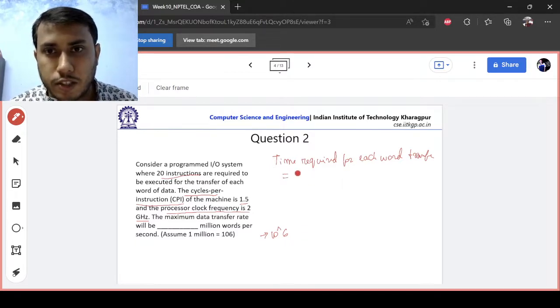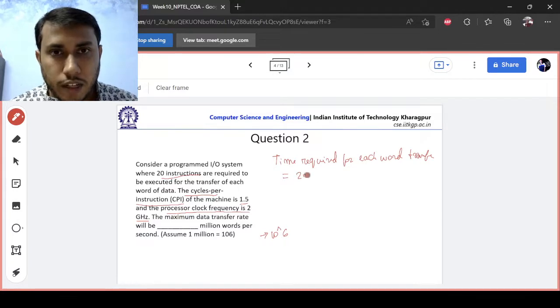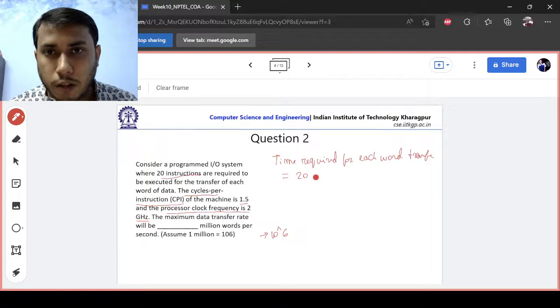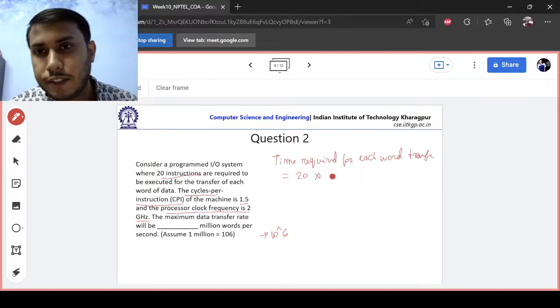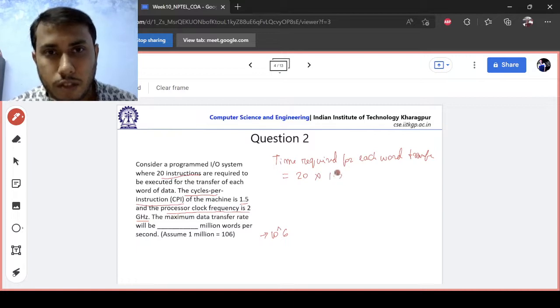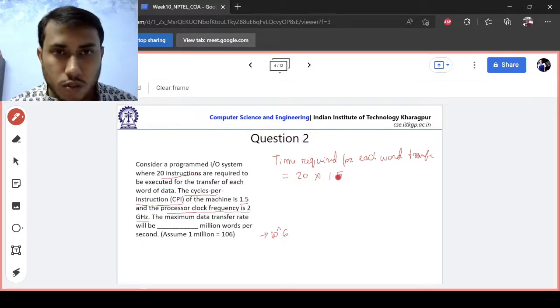The number of instructions is 20 for each word. The cycles per instruction is 1.5. Right? Now, what is the clock frequency? It is 2 gigahertz.